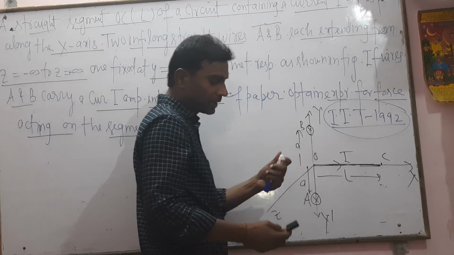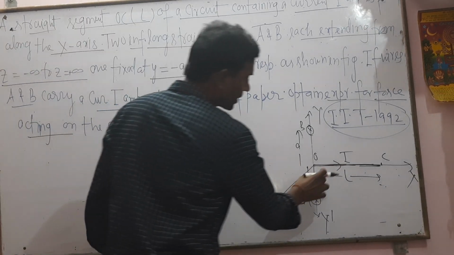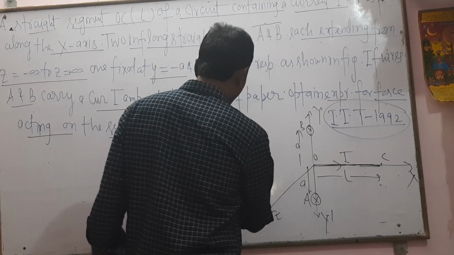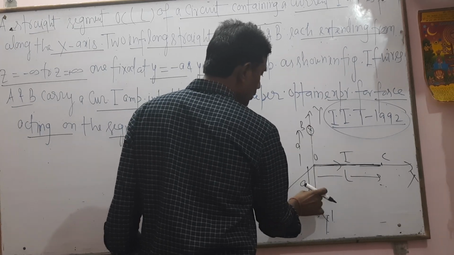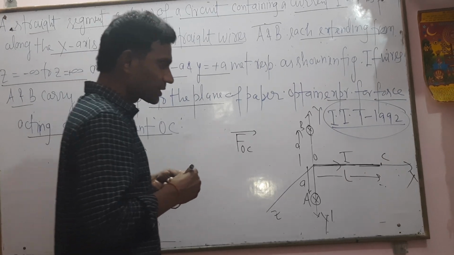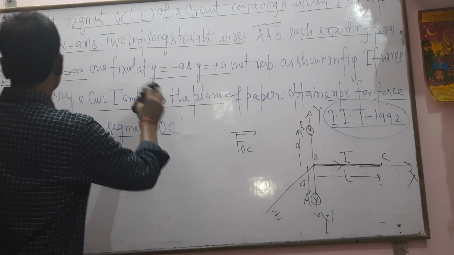OC is the finite length. We need the force on the OC wire, which is kept on the x-axis, due to the A and B wires.